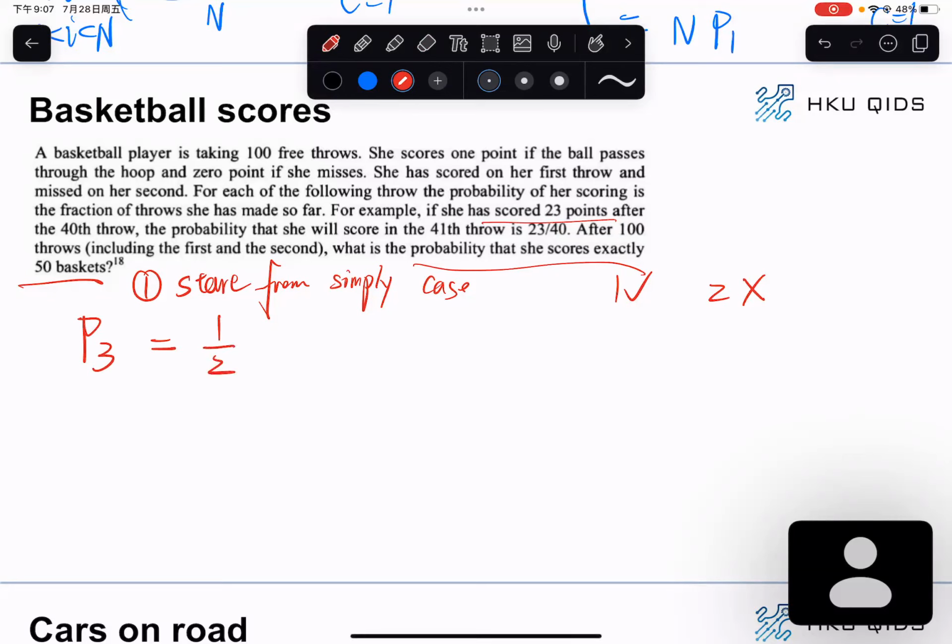It has 1/2 of scoring at the third throw. And in total, if we denote it, this is going to be probability P3/2.